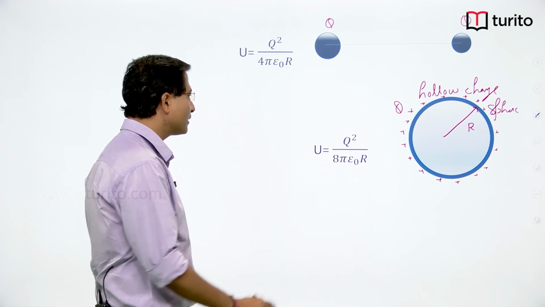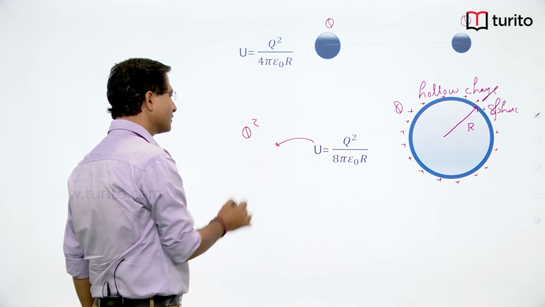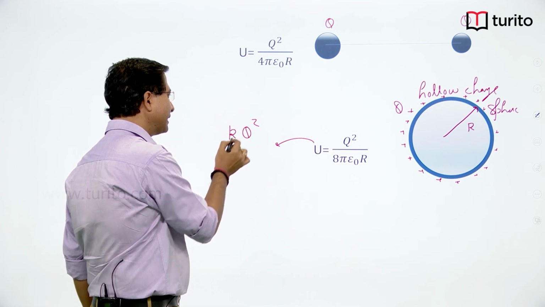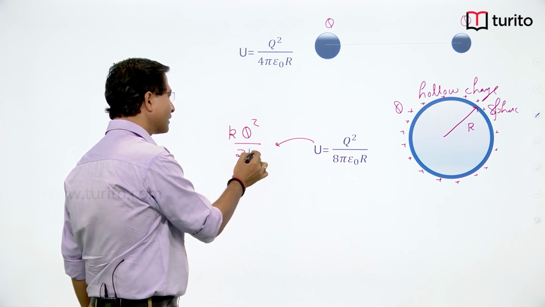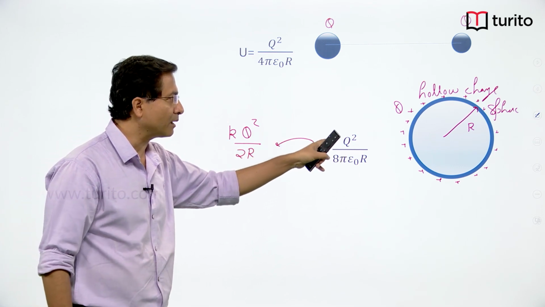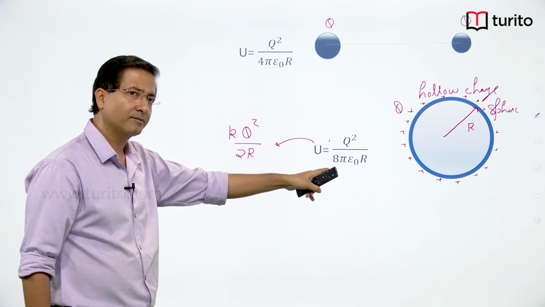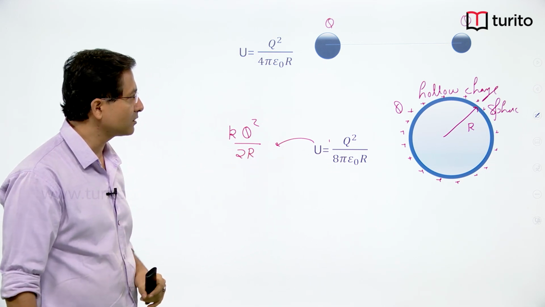You can also remember this term in this way, k q square upon 2r, right. So, you can also remember this expression, 1 upon 4 pi epsilon naught, I can write k, right. So, by 2 will give you 8 here. So, you can also remember the expression this way.